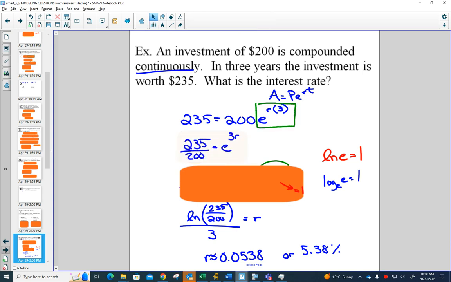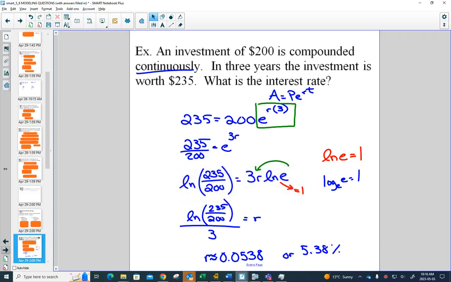Before I take the natural log of both sides, it saves me time if I can get that power by itself. So this one, it's easy. I can divide both sides by 200. It's not wrong to take the log of both sides, but because the base is e, I'm going to take the natural log of both sides.